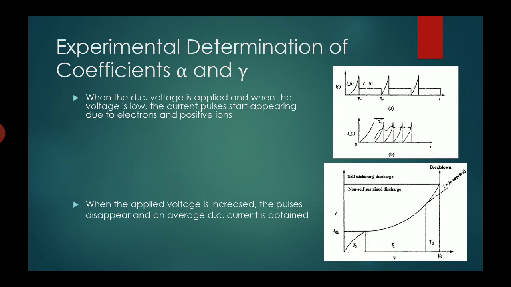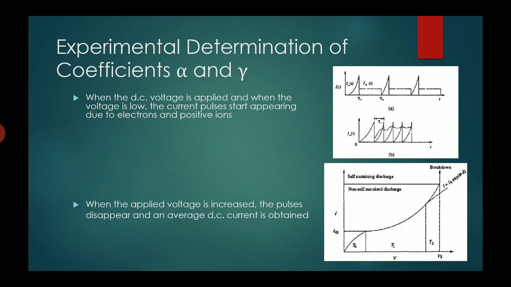When the DC voltage is applied and the voltage is low, the current starts appearing due to electrons and positive ions. This is shown in this figure, where the voltage is low.